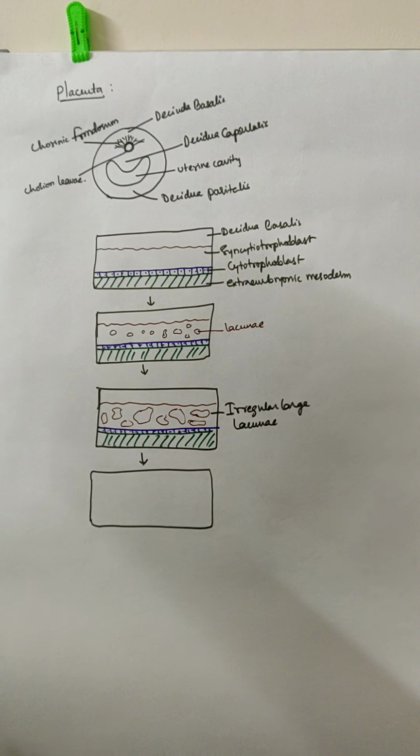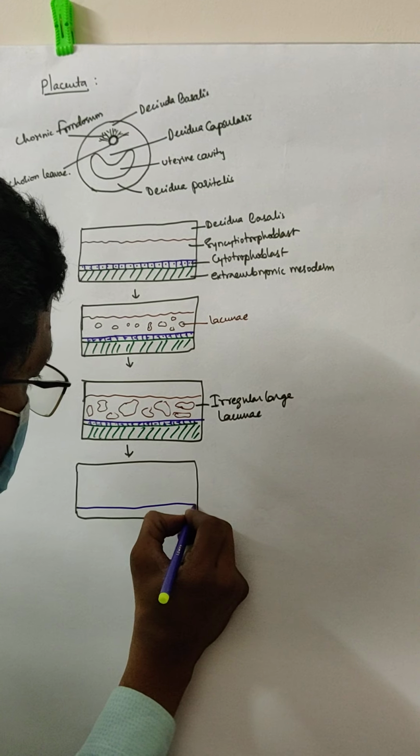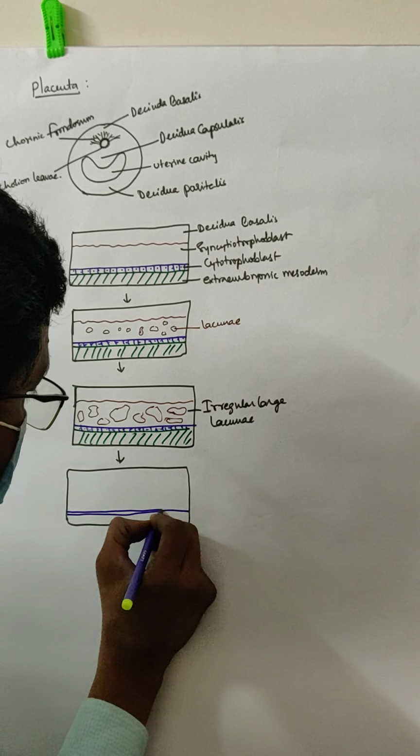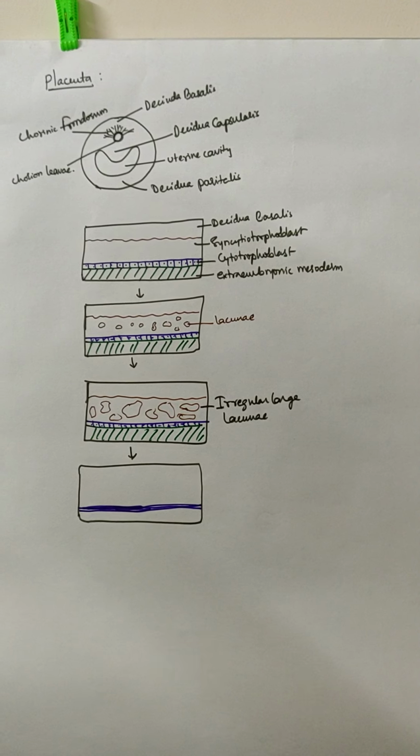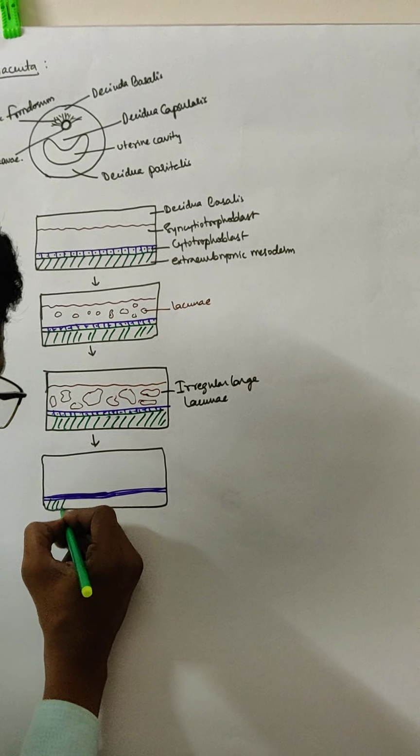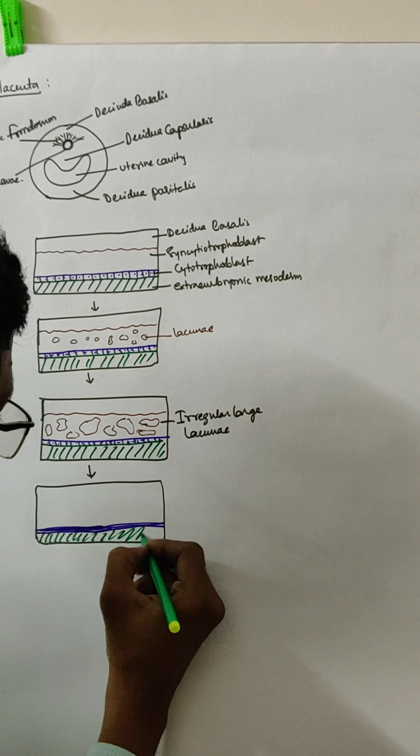Now I'll make the cytotrophoblast layer here with one line. This is the cytotrophoblast layer, and below that is the extraembryonic mesoderm.